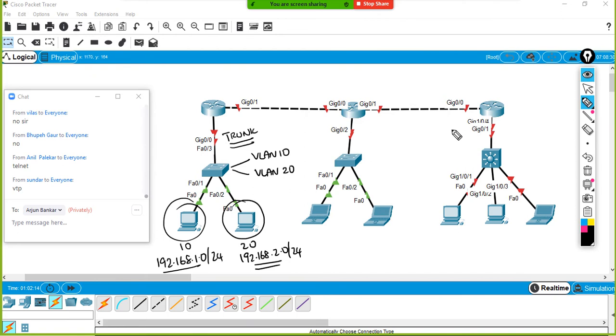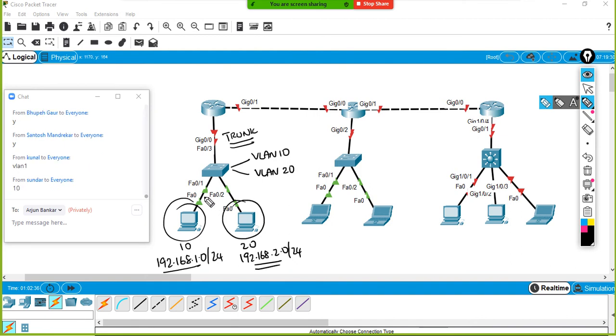Help me out, guys. So we need to assign the IP address. Right or wrong, everyone? First of all, say yes or no. So for which VLAN are we going to assign the IP address? For VLAN number 10 or 20? Because we configured two VLANs. At the end of the day, only those two VLANs we are going to access.